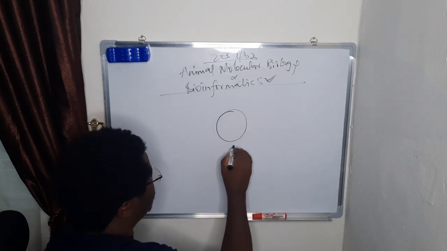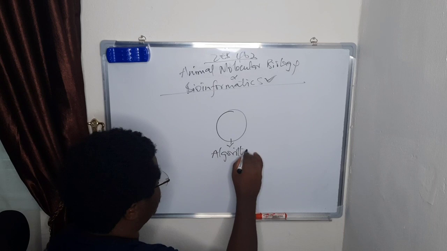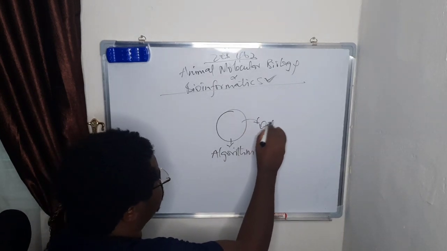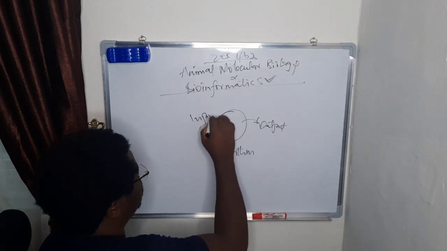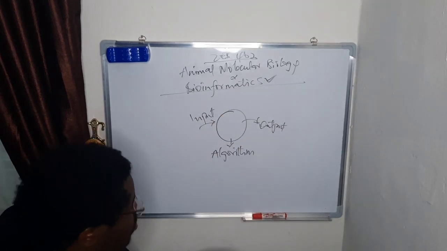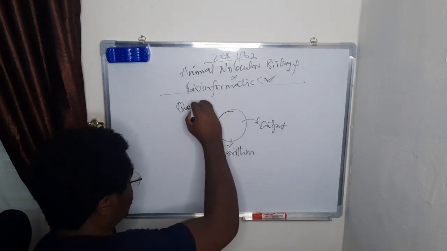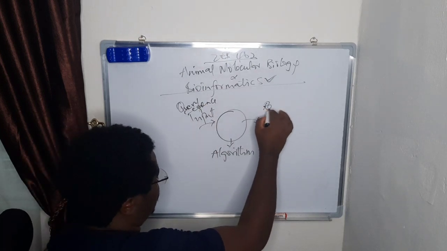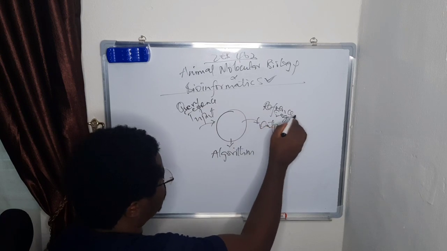Bioinformatics is just where you have a system known as an algorithm. You have input and you have output. This input can be known as the query sequence, and this is the reference sequence.